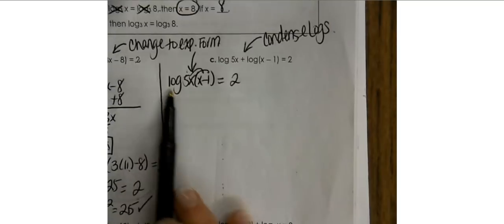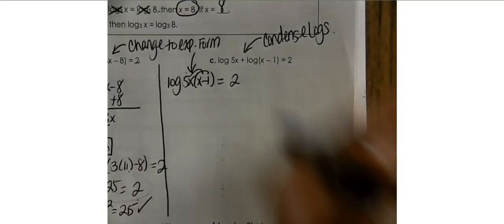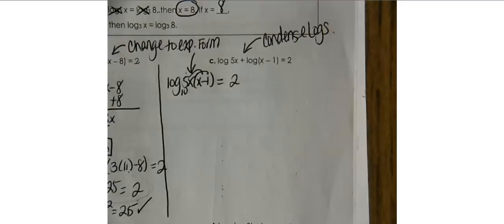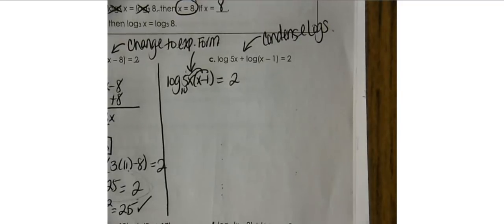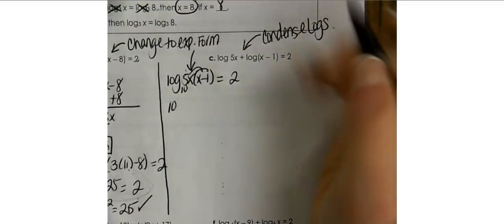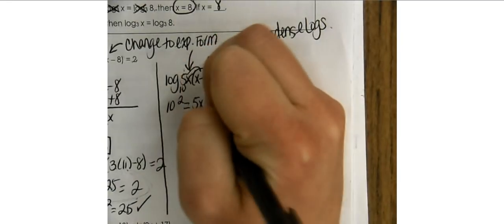I'm going to change this to exponential form, where my base, whenever you don't see a base, that base is typically the number 10. So this is going to be 10 to the 2nd power is equal to, I'm going to distribute that 5x to each term, and so we end up with 5x squared minus 5x.